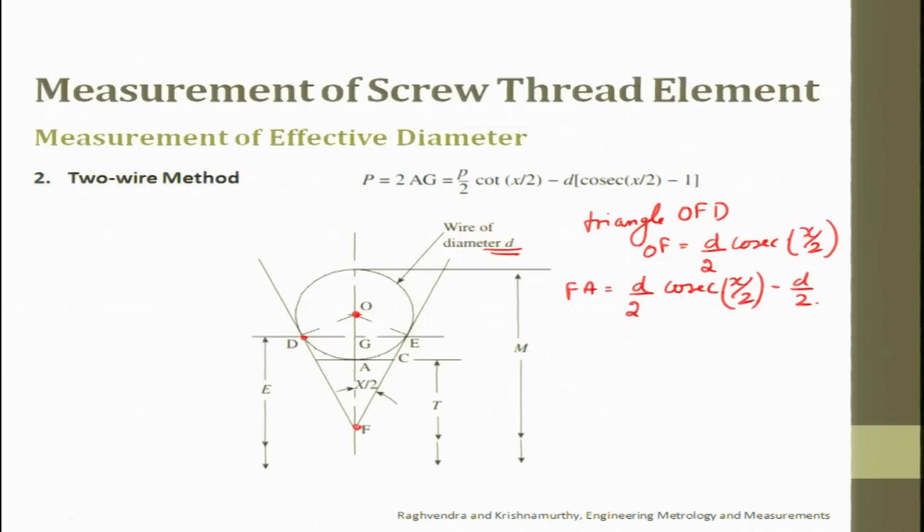So, what is FA? FA is nothing but d by 2 cosecant x by 2 minus d by 2. This in turn can be represented as d by 2 times (cosecant x by 2 minus 1).